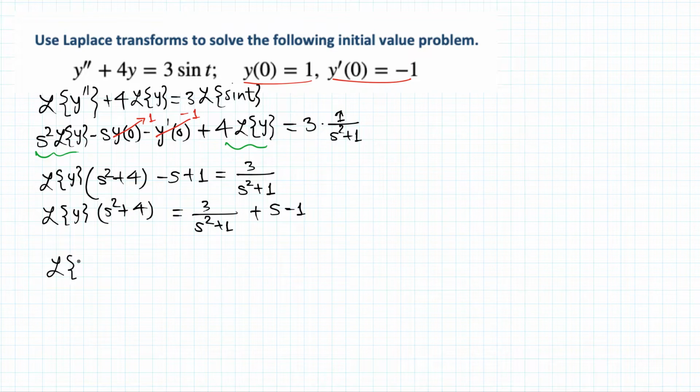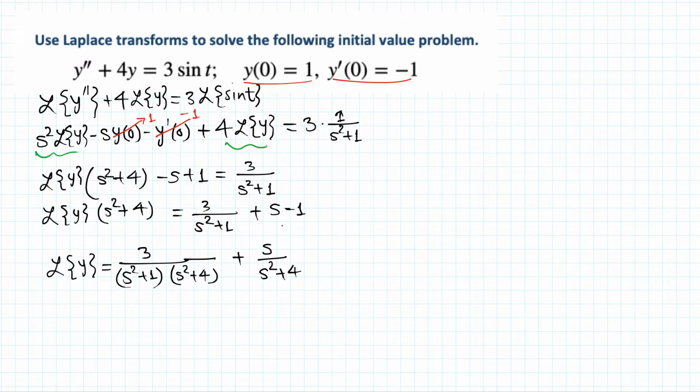So Laplace of y equals 3 over s squared plus 1 times s squared plus 4, plus s over s squared plus 4, dividing all terms on the right side, minus 1 over s squared plus 4.